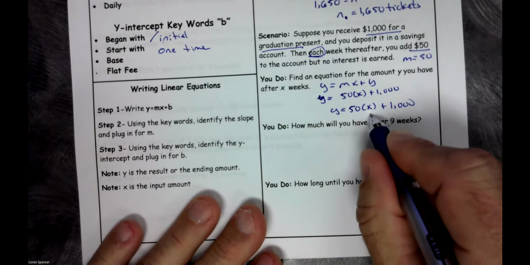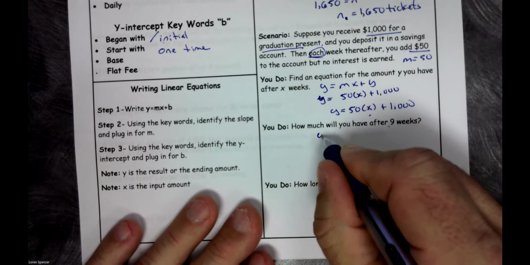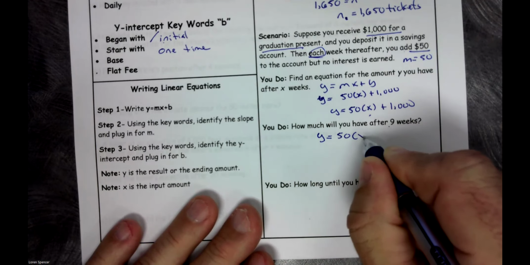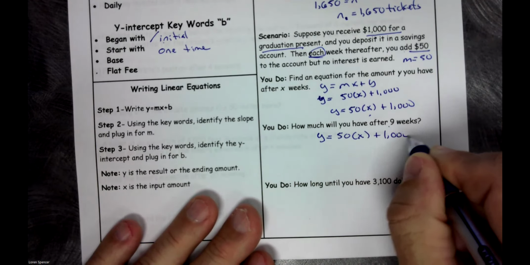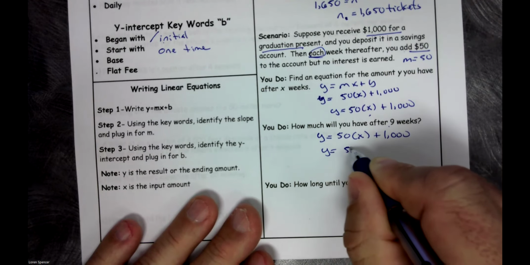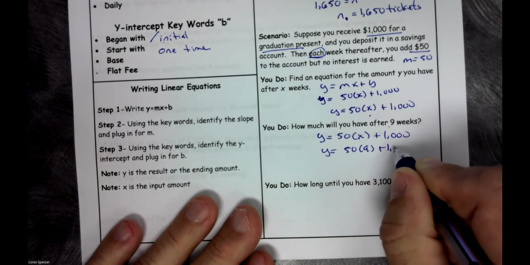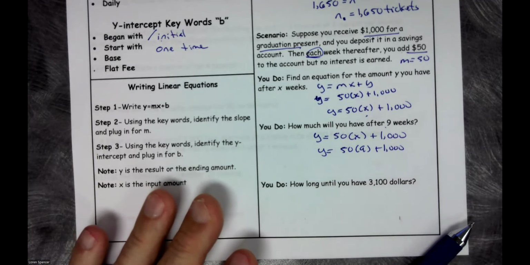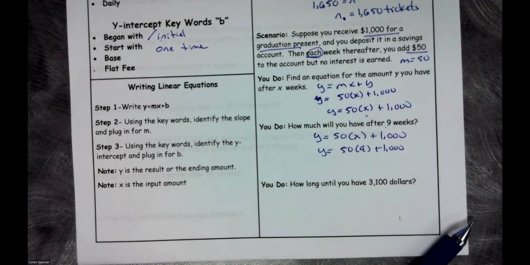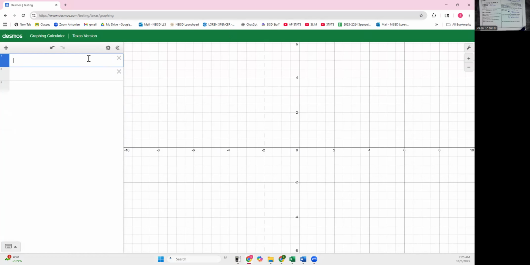So how much will you have after 9 weeks? Well, X is the number of weeks. So we have Y equals 50x plus 1,000. We have 9 weeks, so Y equals 50 parentheses 9 plus 1,000. Let's solve that in Desmos to make our life easier. Putting in our initial equation, Y equals 50x plus 1,000.